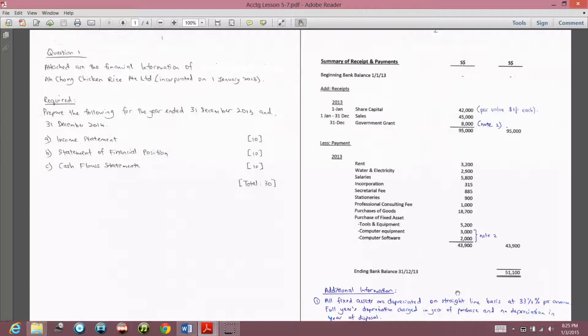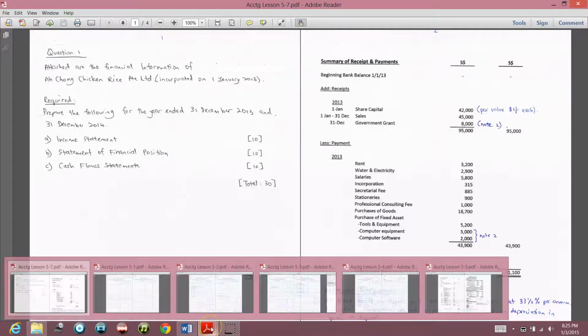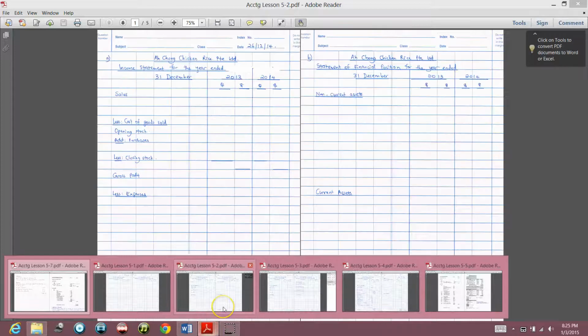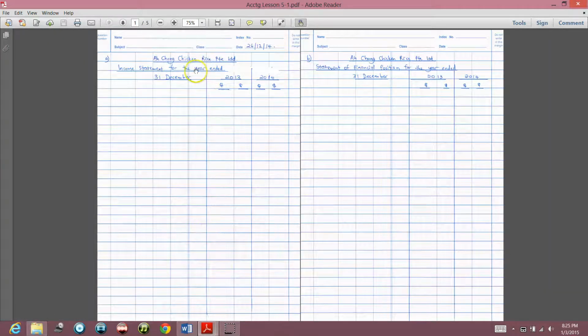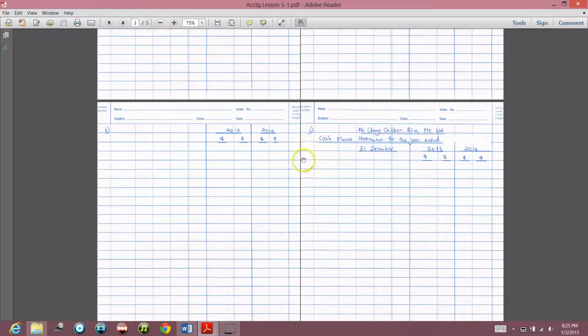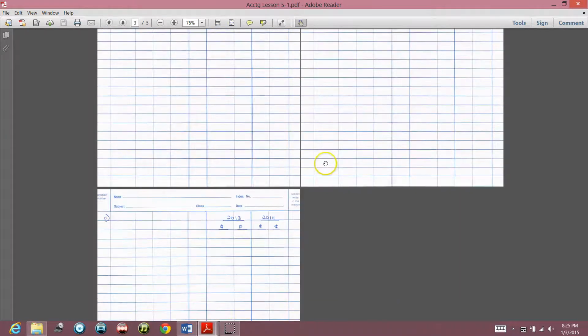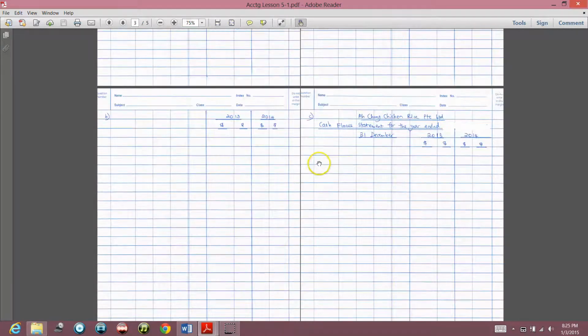The question says prepare income statement, statement of financial position, and cash flow statement. My usual way of doing things is, you see, the question says prepare income statement, statement of financial position, A, B, and the cash flow statement. You can pause this video and follow me.